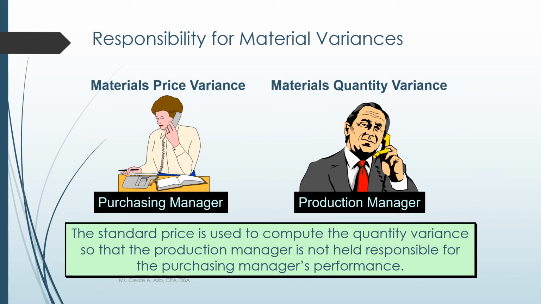The purchasing manager and your production manager are usually held responsible for the materials price variance and materials quantity variance respectively. The standard price is used to compute the MQV so that your production manager will not be held responsible for the performance of the purchasing manager.